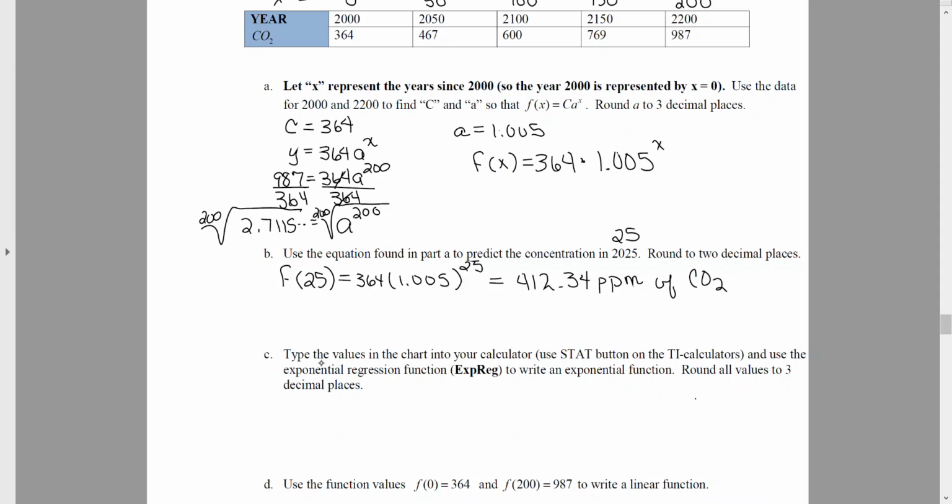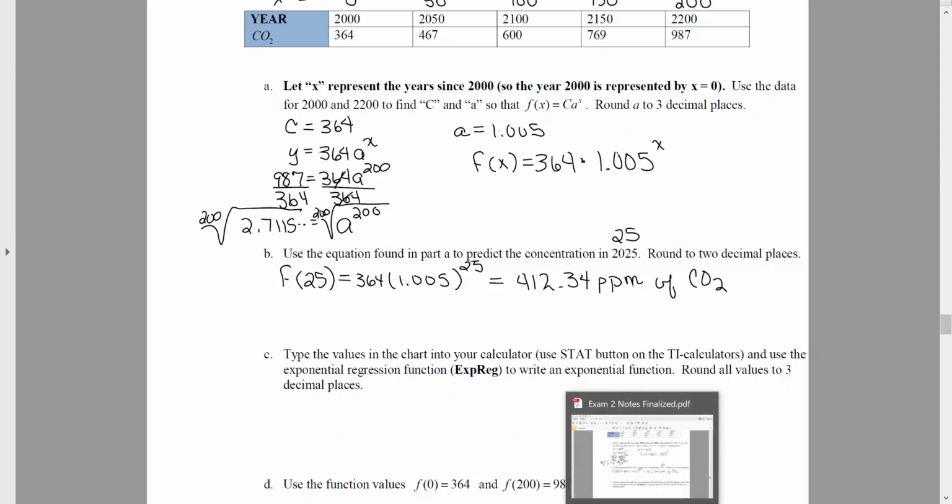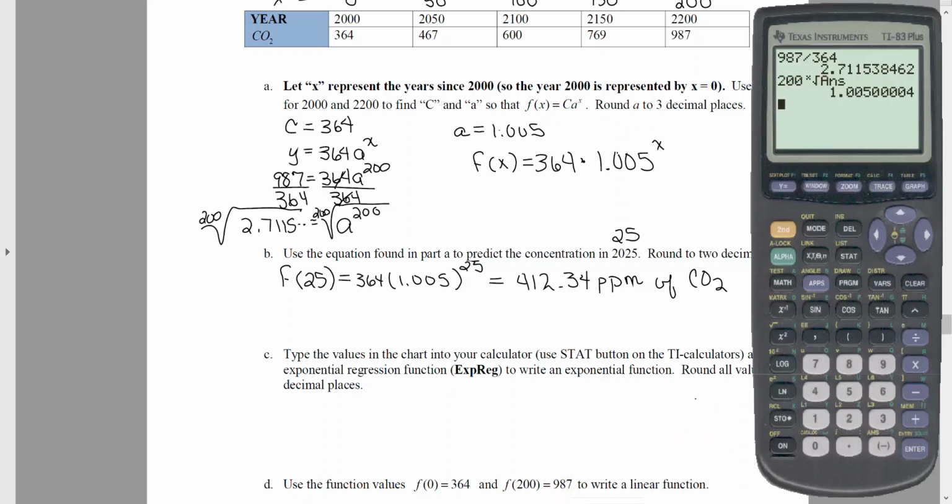For part C, now you're going to use your calculator and the stat button and use exponential regression, EXPREG, to write the exponential function. So if I go in here to my calculator now, go into the stat menu, click on edit.